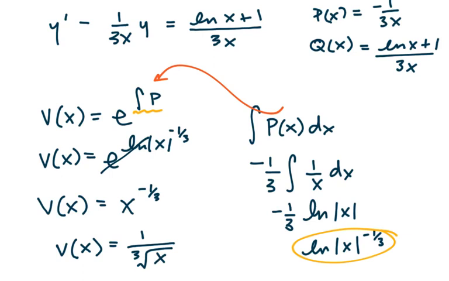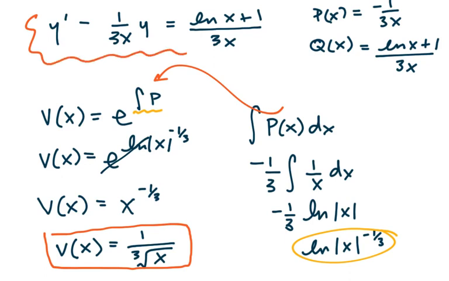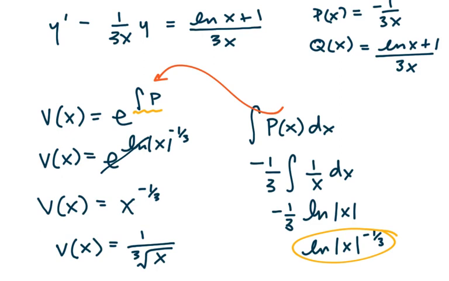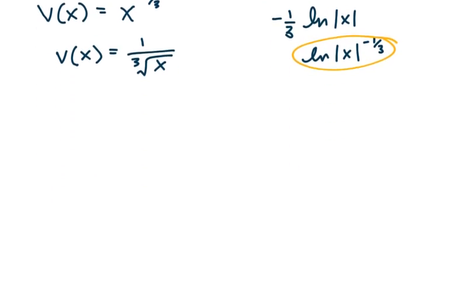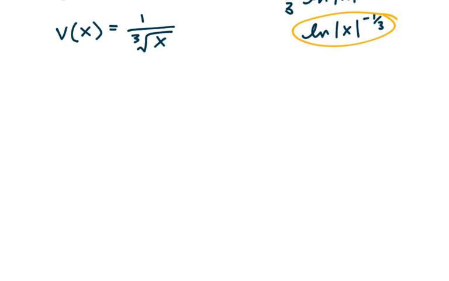All right, so we've got our v value right here. And then we have our standard form first order linear differential equation up at the top. So what we're going to do now is multiply that equation by our v of x value that we just found, our integrating factor.